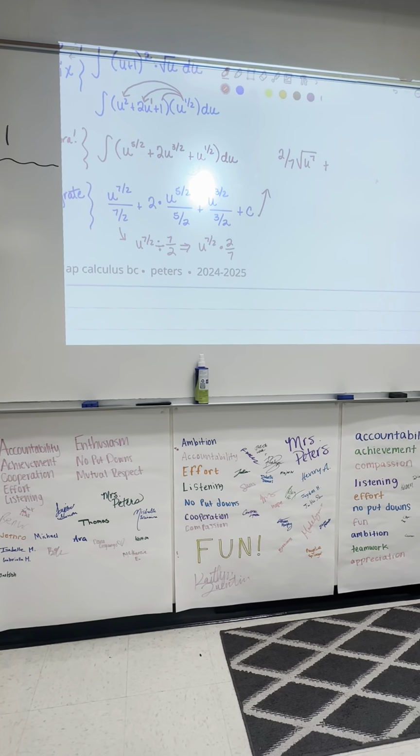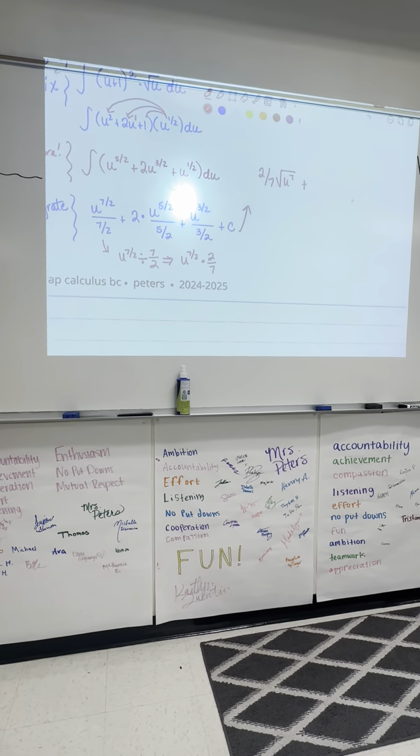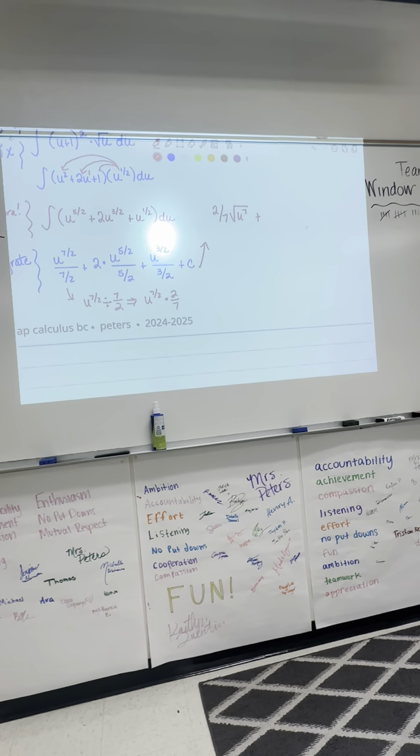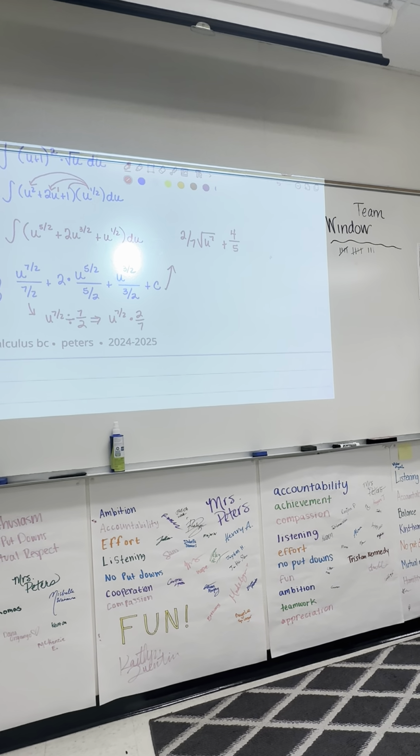Alright, what's the next coefficient gonna be? I'll make y'all do that one. 2 divided by 5 times 2 times the square root of u to the 5. There we go.